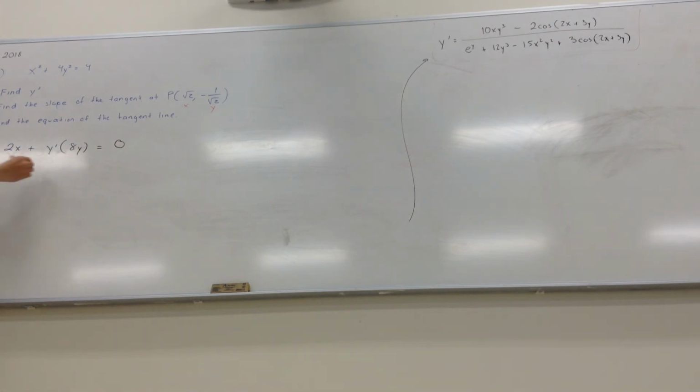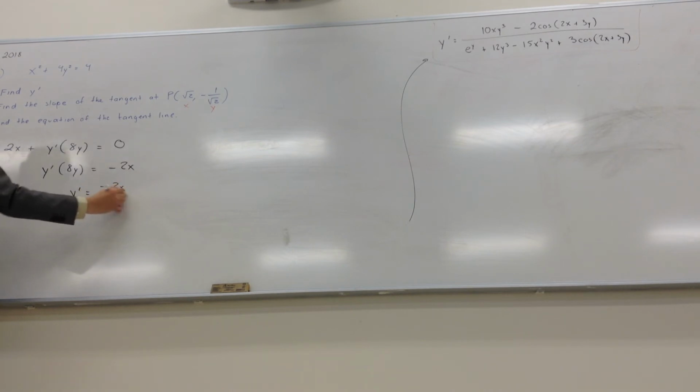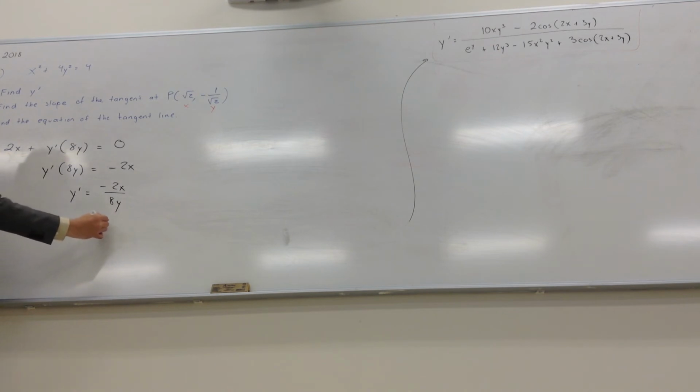This is simpler. 4y y prime equal to minus 2x. So y prime equal to minus 2x divided by 4y, and simplify: minus x over 2y. Okay, that's my derivative.